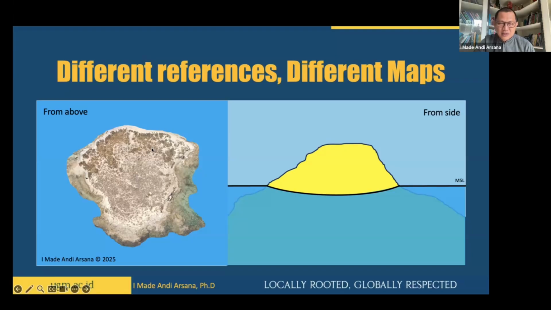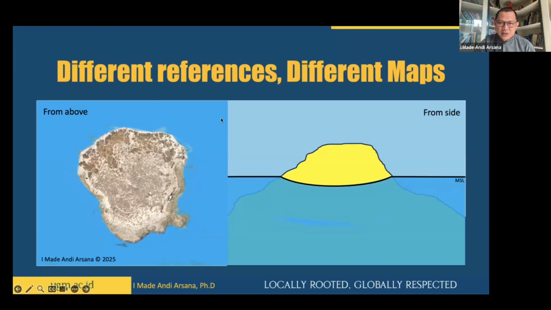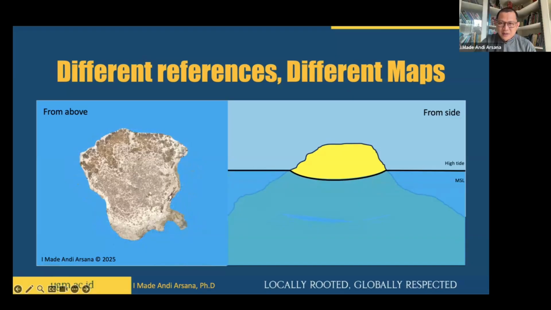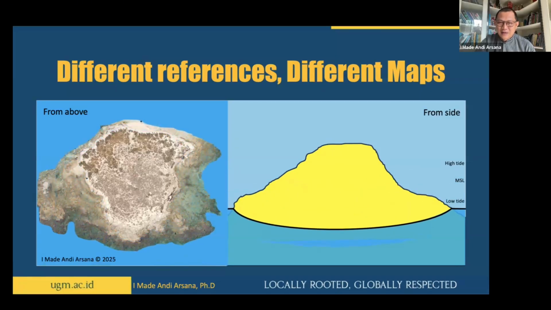But if you use high tide, it will go up and then the island will get smaller, right? But if you use the low tide, of course the island will be bigger. This is the reason why we use the low tide or even the lowest possibility of tide, because we want to have bigger islands and we want to have more ocean.